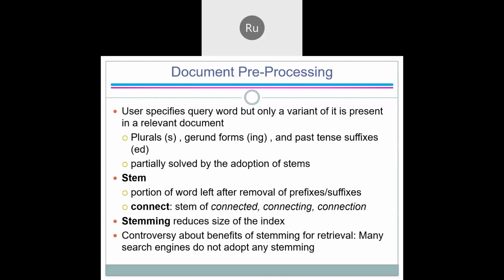They mention here that many search engines do not adopt any stemming, because when you remove the ing or ed, the meaning is gone already. When we remove the ed or ing, we don't know whether it is in the process or past or something else. In natural language processing, we need to have the actual term and how this actual term is related to the other terms in the same sentence.